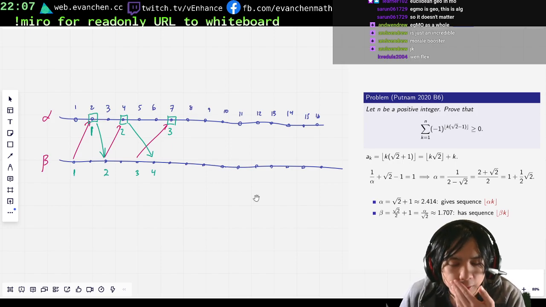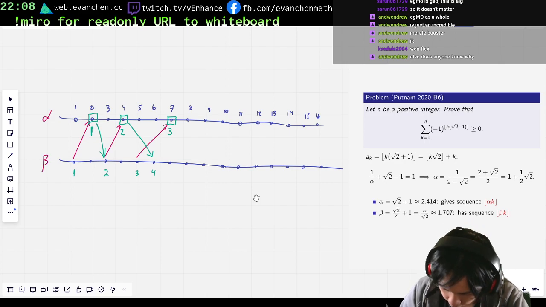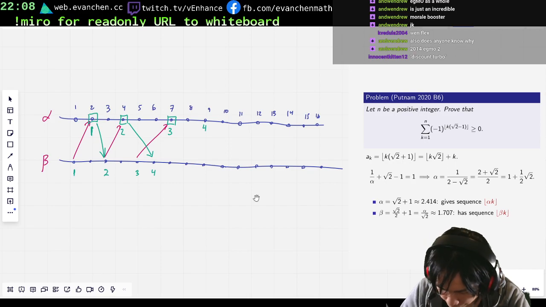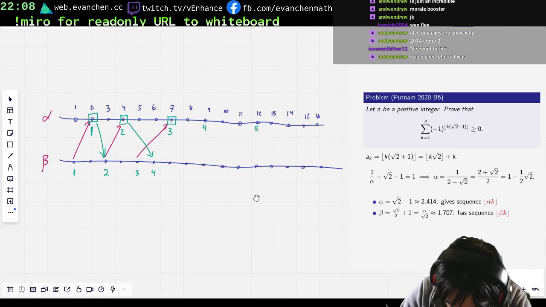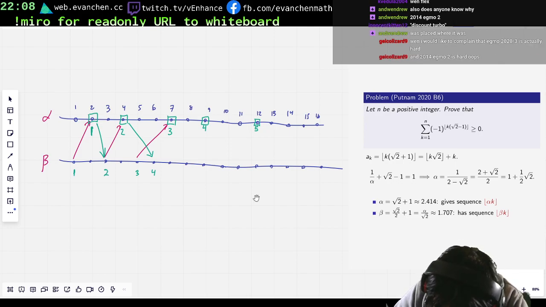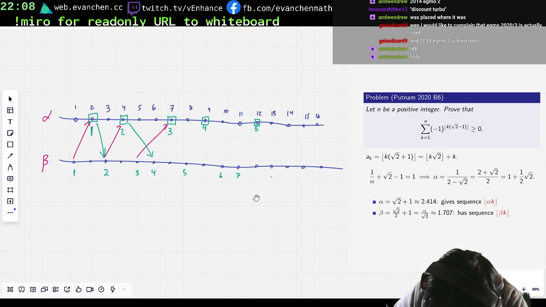So let's see. 7.2, 7.242, 9.656, 12.07. And then on the bottom, it's like 5, 6, 7, 8, 9.